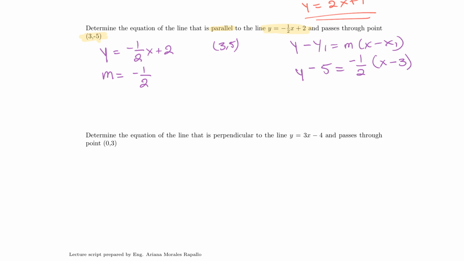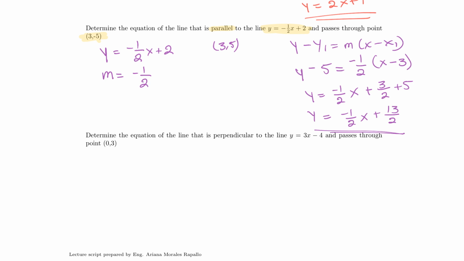Let's arrange this formula. y is equal to minus 1/2 times x, minus times minus is plus 3/2, and minus 5 goes to the other side as positive. This ends up being y equals minus 1/2 x plus 13/2. And this is the equation of the parallel line to the one that we are given.